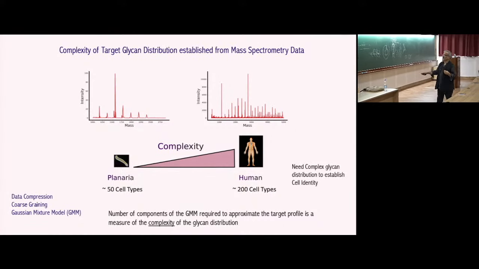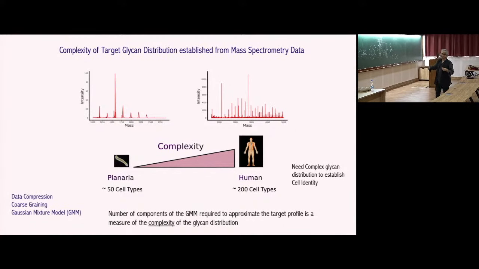Right. So now the definition of complexity is going to be the following: what is the number of components of the Gaussian mixture model that is required to approximate the target profile? The target profile is the glycan profile that is obtained from the mass spec data. We'll declare that this is the profile that this given cell, in this case neutrophil, wants to achieve.